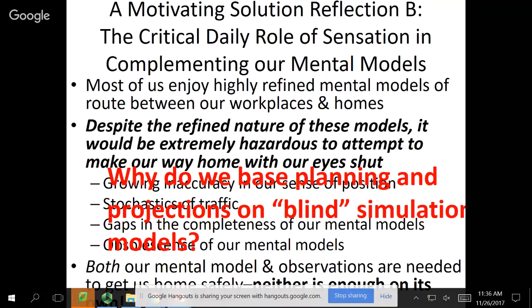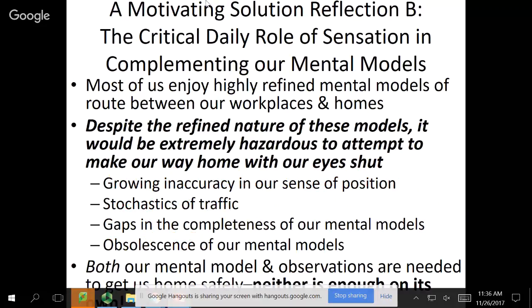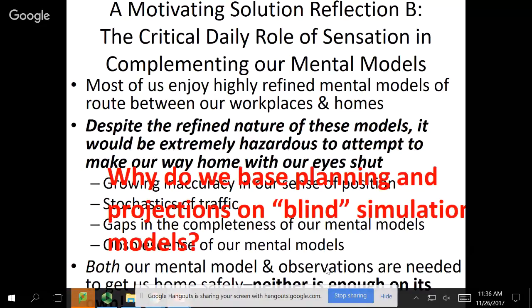So, the irony here is, while we never think about relying purely on our mental model, even a very good mental model, without complementing it with observations, we do so regularly with dynamic models in many contexts.